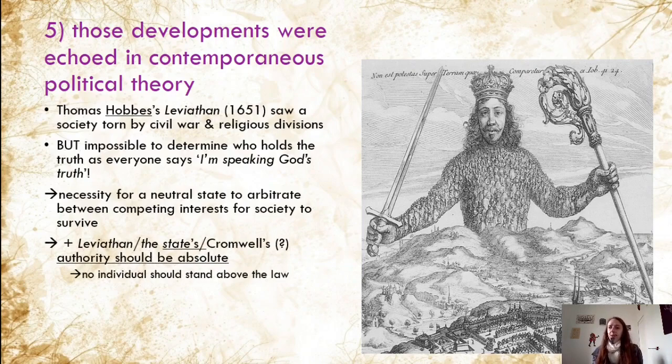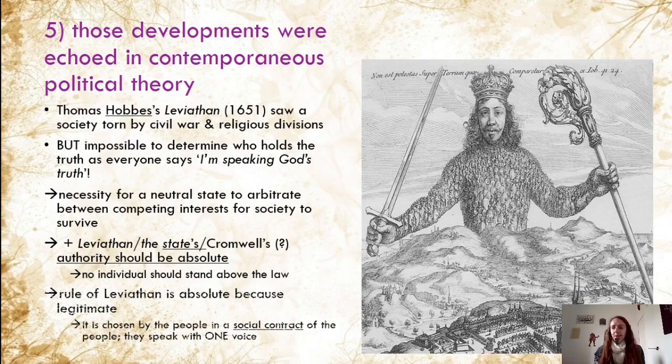Leviathan, the state, Cromwell's authority, that's a question that there's no clear answer to. It's not clearly put, but the Leviathan's authority, the state's authority, should be absolute, whether it's to defend Cromwell's or it's more generic than that. No individual should stand above the law.